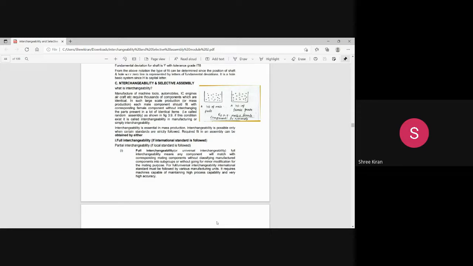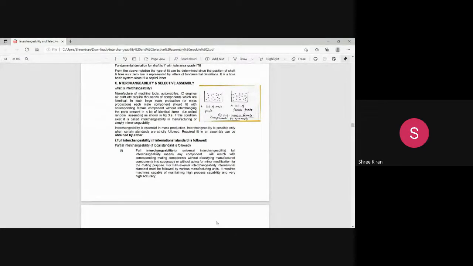That's why, in such large scale productions or mass production, large scale means every minute or every 5 minutes a component will be manufactured, each male component should fit with the corresponding female component.